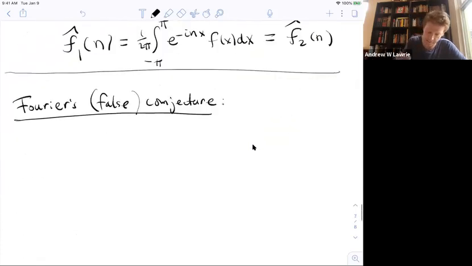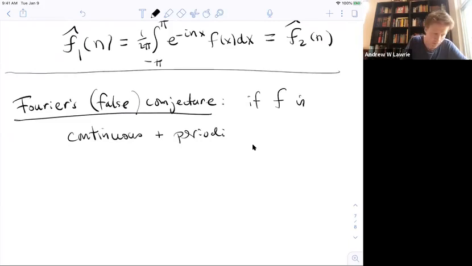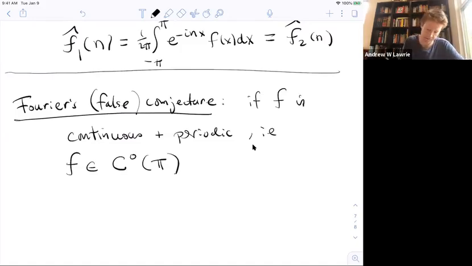And I think he conjectured really boldly that if f is continuous and periodic, our notation for this will be f is an element of C0 of T. So this C means C for continuous, and I'll explain the 0 a little bit later.